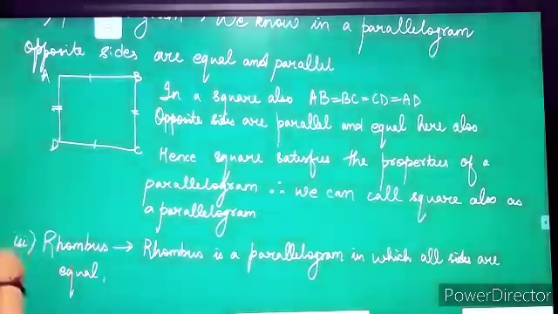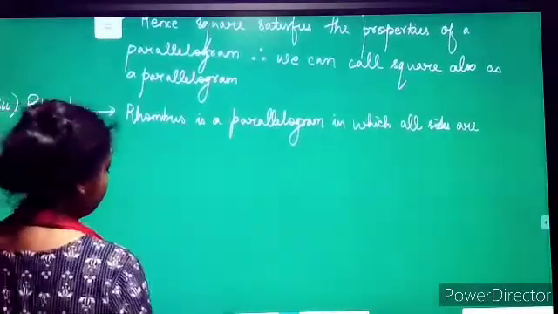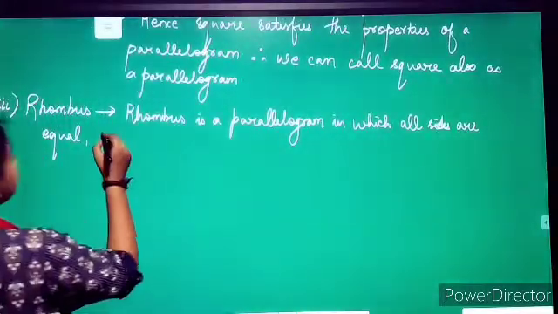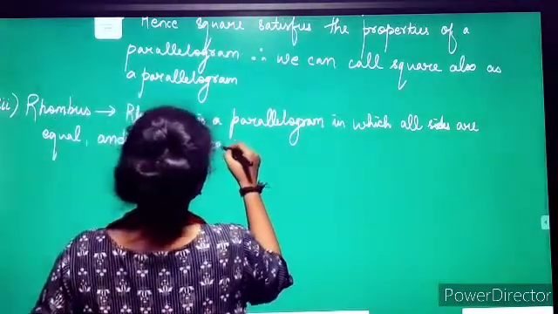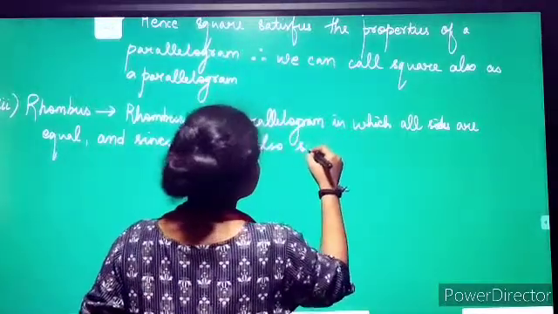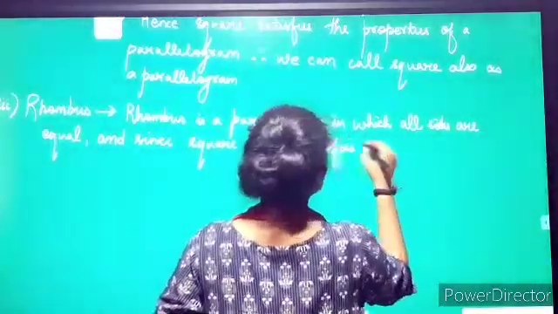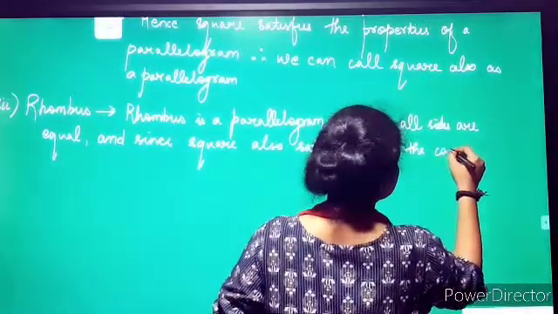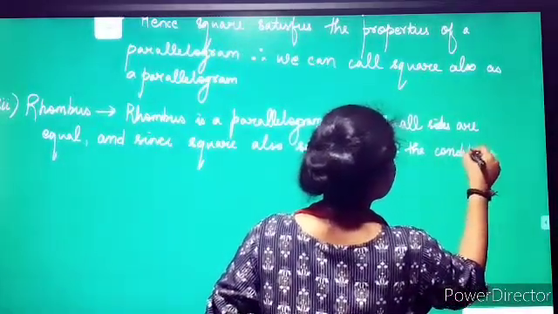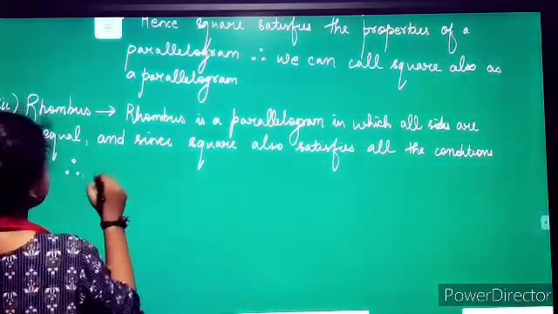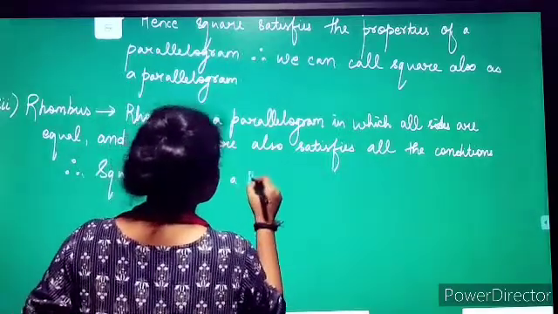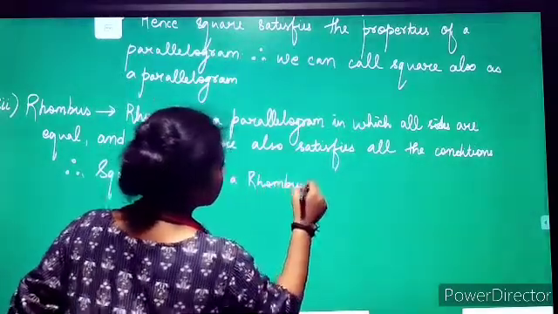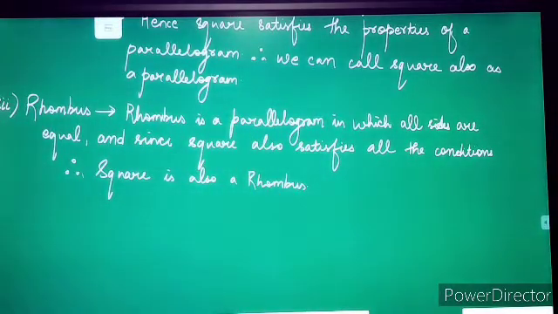Therefore, it satisfies the condition for the rhombus as well. Rhombus is a parallelogram in which all sides are equal. Since square also satisfies all the conditions, therefore we can call square a rhombus as well.